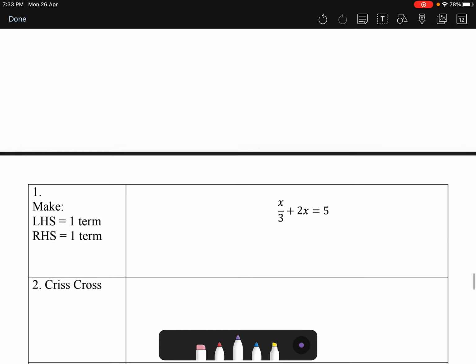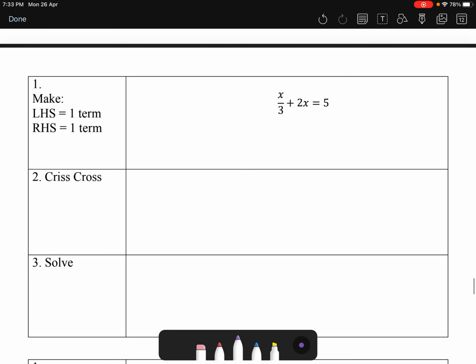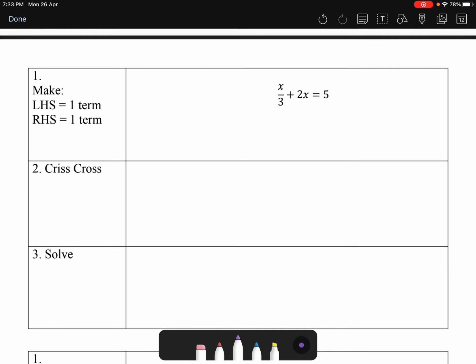Let's take a look at the second case: x over 3 plus 2x equals 5. How do I do this? First of all, remember to make your left hand side into one term and your right hand side into one term. For the right hand side, there is only one term, so it's good.